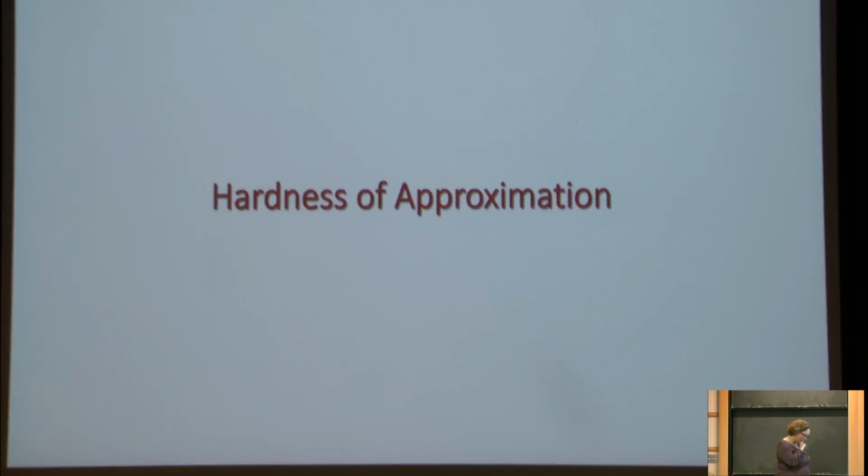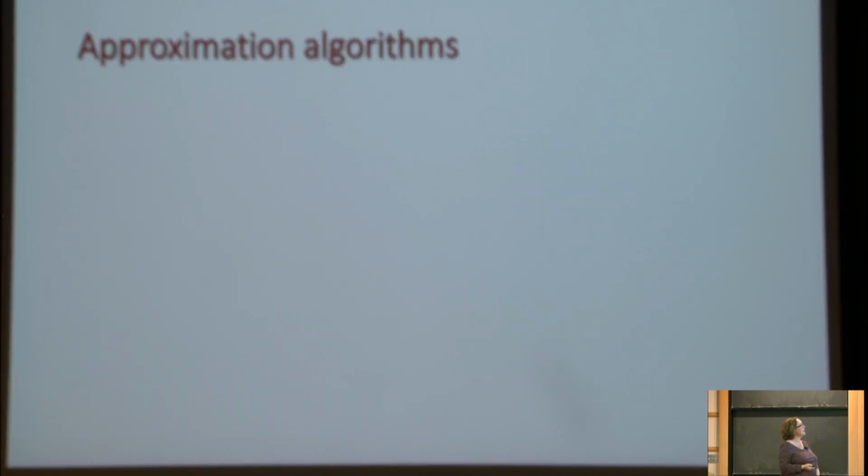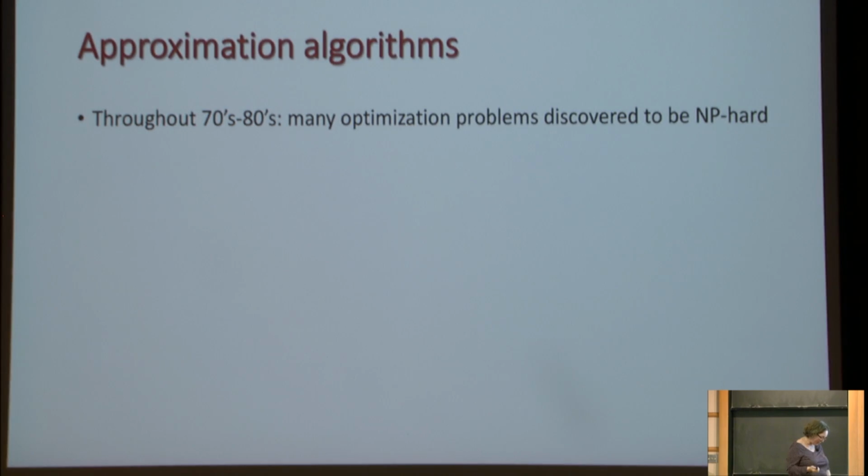Now, I want to discuss a little bit about the proof of the theorem, but before that I will talk about hardness of approximation, since it is intrinsically connected to the statement of the theorem. Let me tell you, as a digression, a little bit about approximation algorithms in computer science. In the 1970s and 80s, people started to discover that many optimization problems of interest are actually NP-hard, and we cannot hope to find polynomial time algorithms for them.